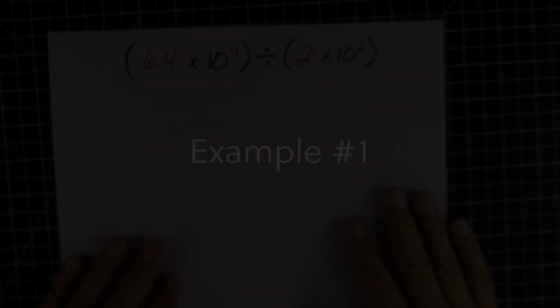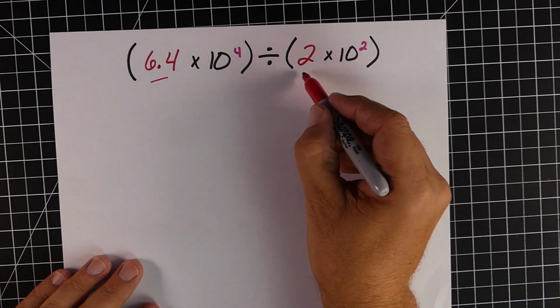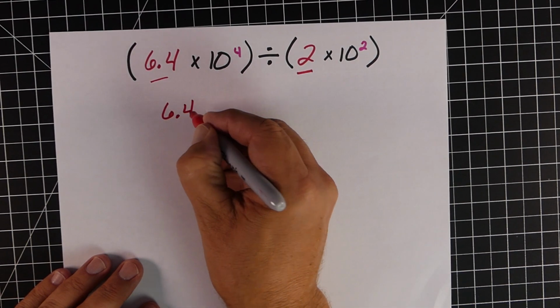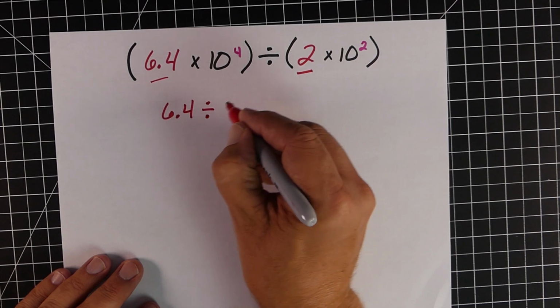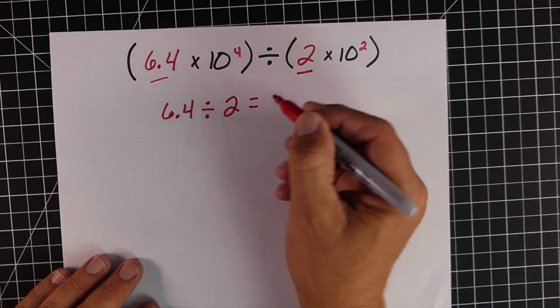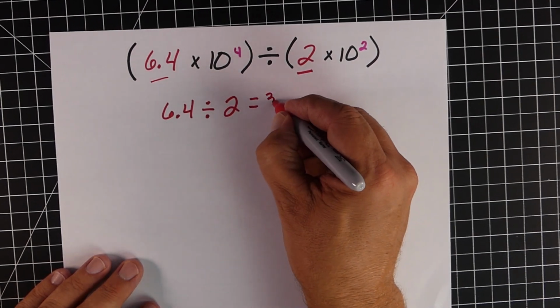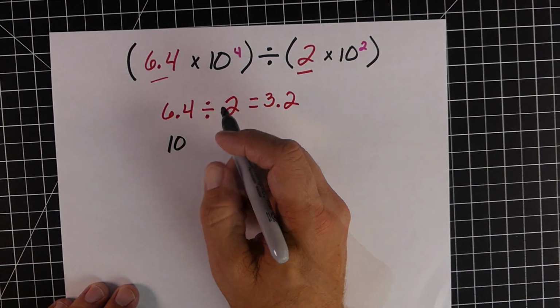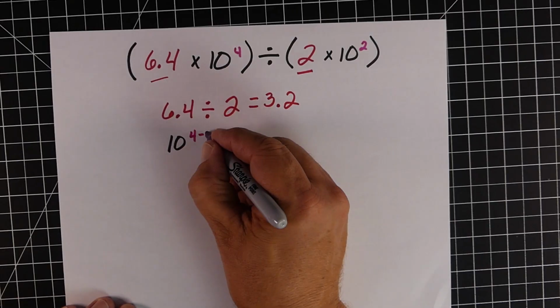All right, so let's look at the first of our 6 examples here. You can see we have 6.4 times 10 to the 4th divided by 2 times 10 to the 2nd. All we're going to do first is divide the coefficients. So we're going to go 6.4 divided by 2, and that's going to give us 3.2. The second step is we're going to subtract the exponents.